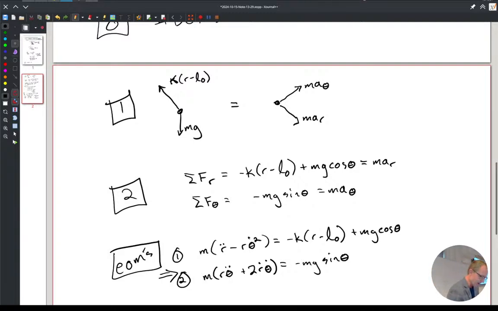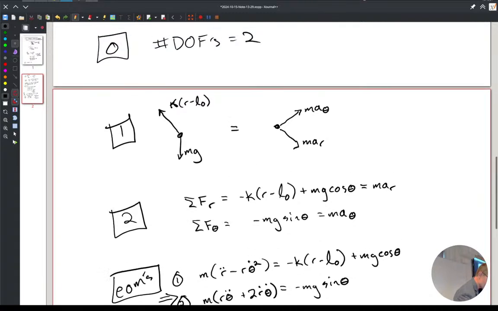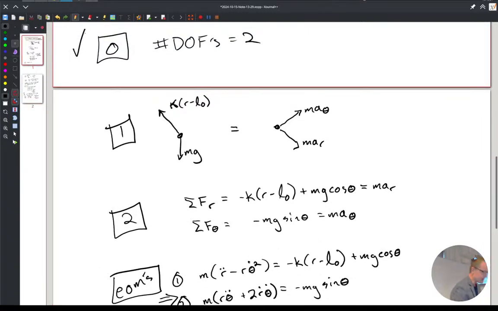So if you can get through this part, understanding why it has 2 degrees of freedom, that's great. And then if you can draw that free body diagram, awesome.